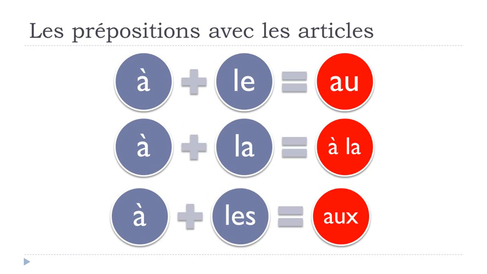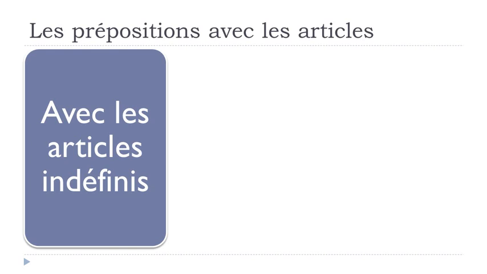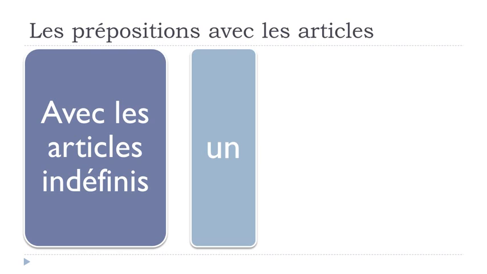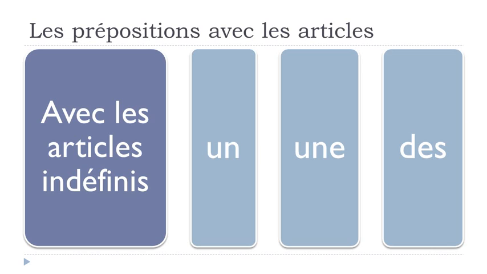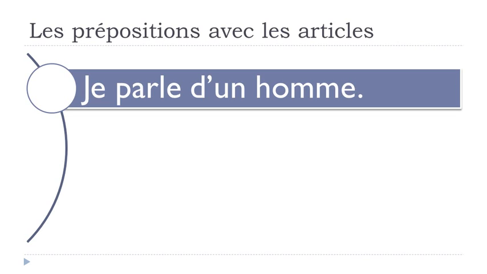Okay? And now let's have a look at de. So exactly the same thing, we'll see how de will react. So first, with les articles indéfinis, okay, so un, une, and then des, all right? I took this parler again, and keep in mind that if we've got parler and then we use the preposition de, then it's to talk about something, all right?